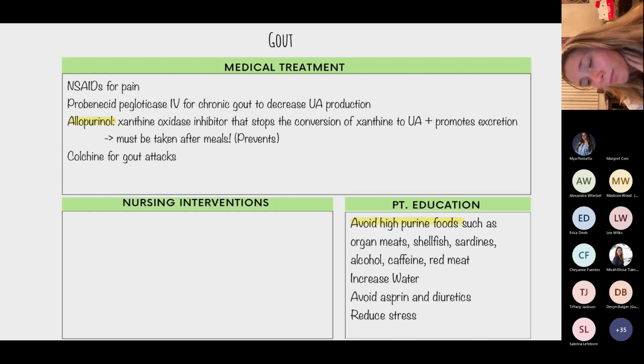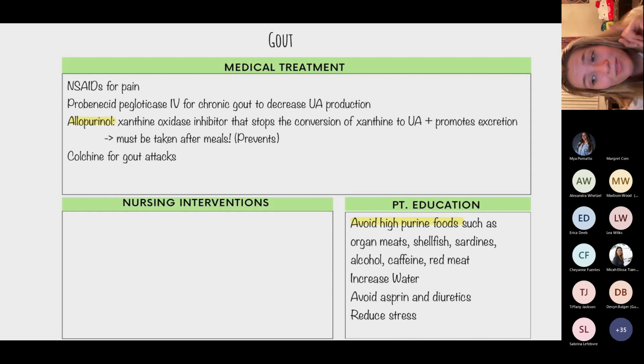But what's the best thing we can do? We can avoid those high purine foods: our charcuterie board, our fancy foods, our organ meats, shellfish, sardines. We know that alcohol, caffeine, and red meat also are really high in purines. Another thing we can do is increase water, because it's going to help flush out some of this uric acid that is being built up.